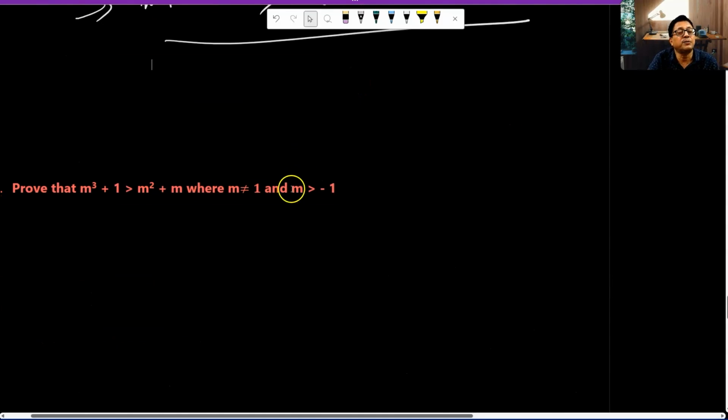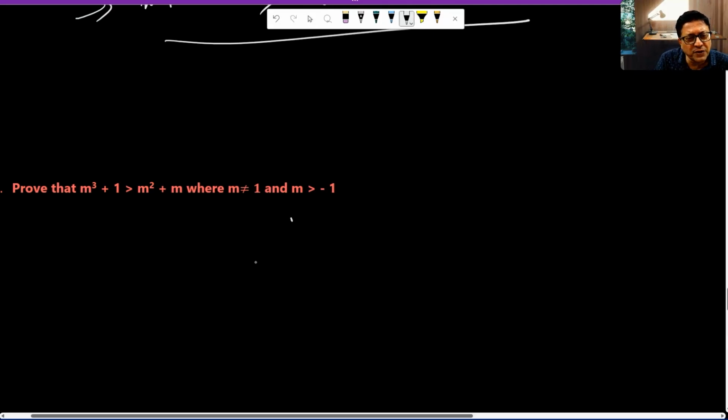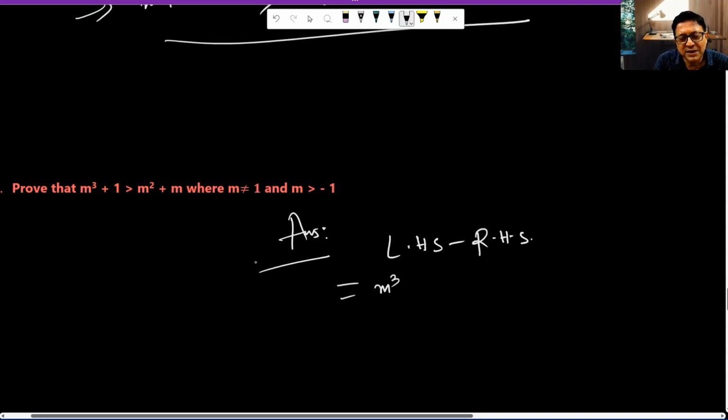Go for the next one. Prove that m cube plus 1 greater than m square plus m, where m not equal to 1 and m greater than minus 1. Okay, let us prove it by the same approach we have used in the previous sums. LHS minus RHS. So far we have used this. Let us start with this. LHS minus RHS, m cube plus 1 minus m square plus m.